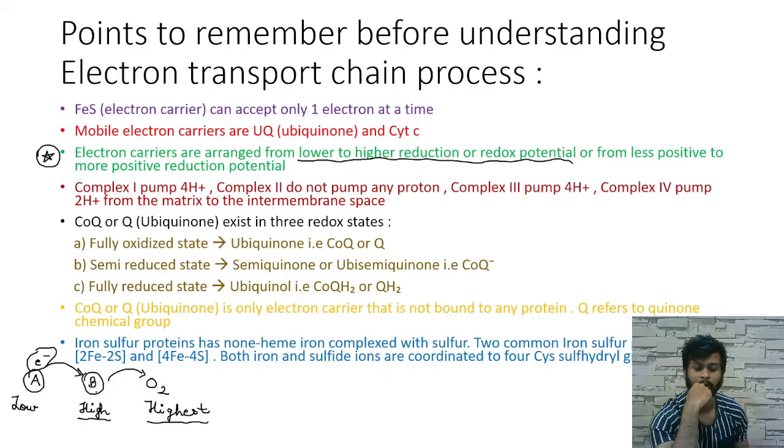Compared to electron carrier B, it will pull the electron towards itself from electron carrier B. That is why the electron carriers are arranged from lower to higher reduction potential, so that electrons will sequentially move and finally get accepted by the terminal electron acceptor, oxygen. The question paper setters can also twist this statement to confuse students, saying it can be arranged from less positive to more positive reduction potential.